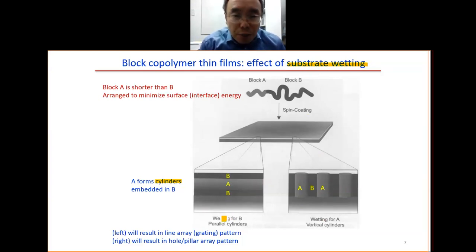For example, if the substrate wets B, then you form B, A, B, and the cylinder lies along the wafer surface. If the substrate wets A, the cylinder will be perpendicular. But this is the case for the cylinder embedded in B.